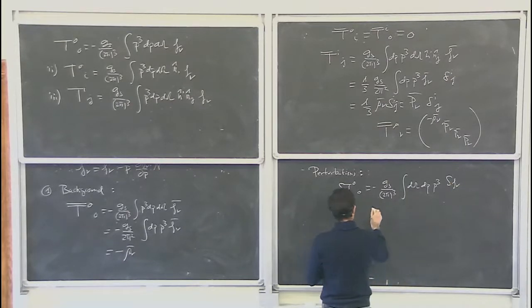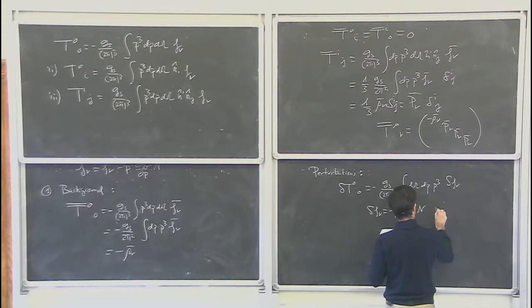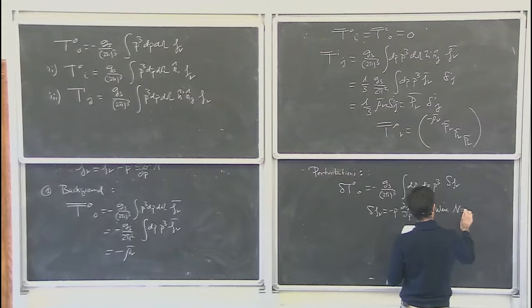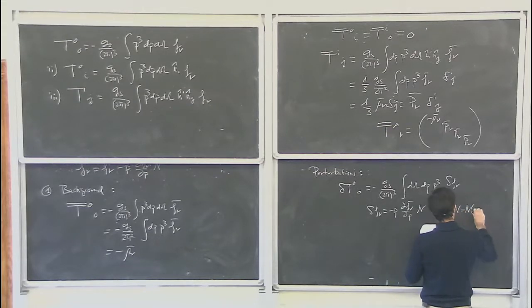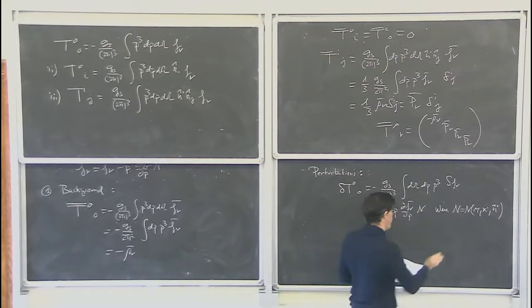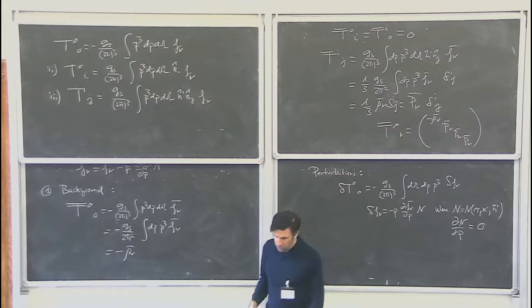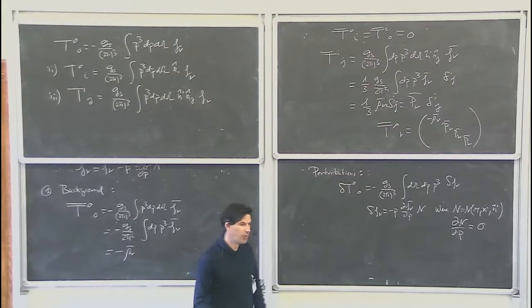Now remember, delta f nu is minus p d f nu by dp times n, where n is not a function of the modulus of the physical momentum, because all the nodes are affected the same way, in an achromatic way, like the photons in this limit.